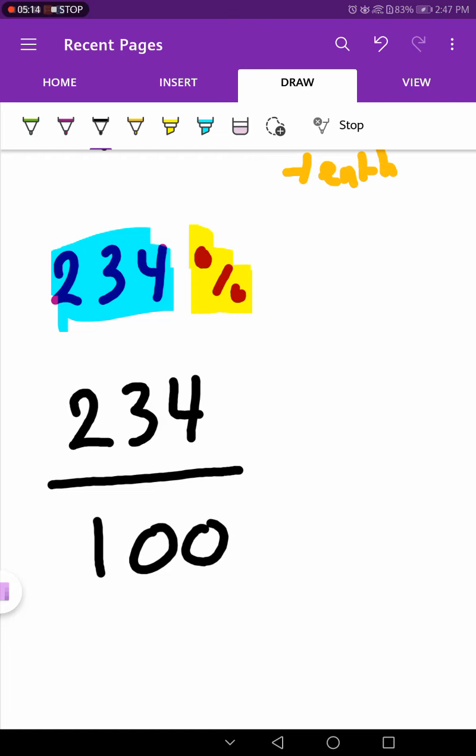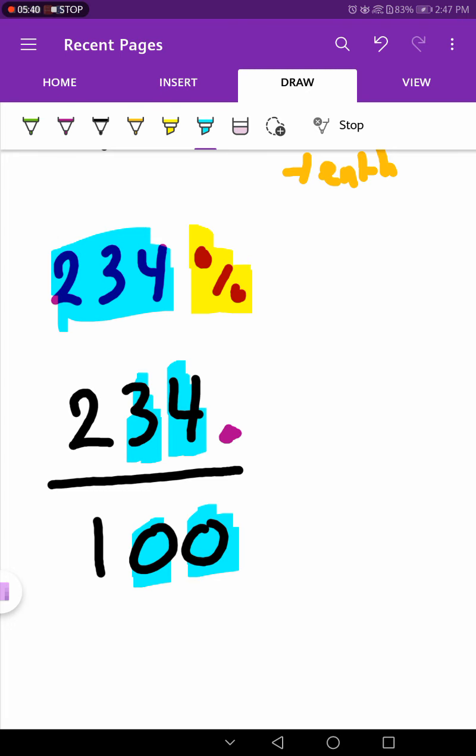Does the number on top have a decimal point? Your answer: no. So create one in your head and put it here. Now, how many zeros do I have down? 1, 2.